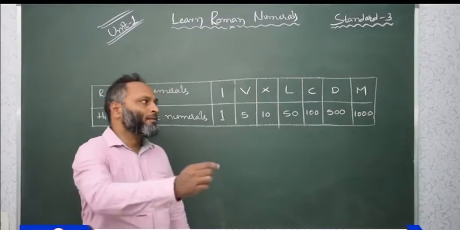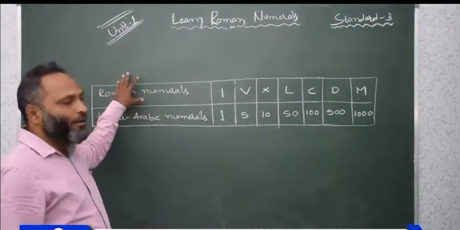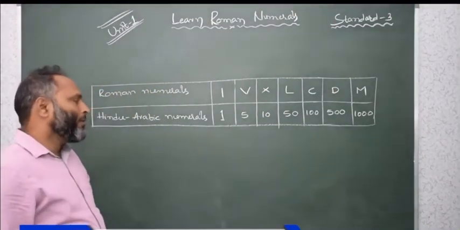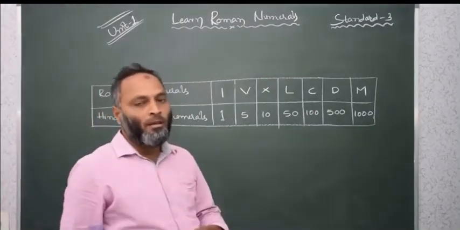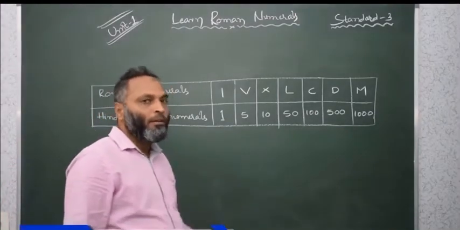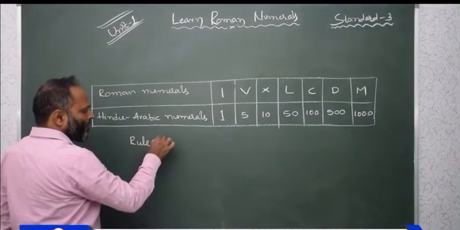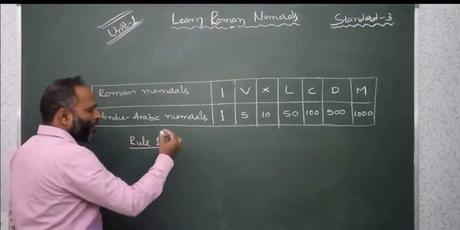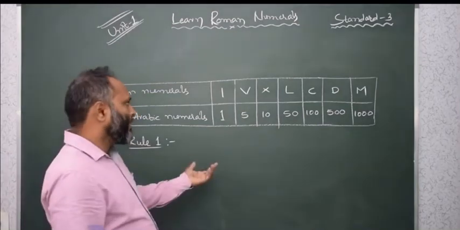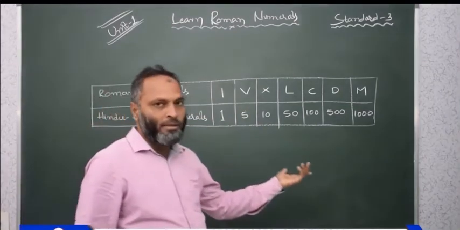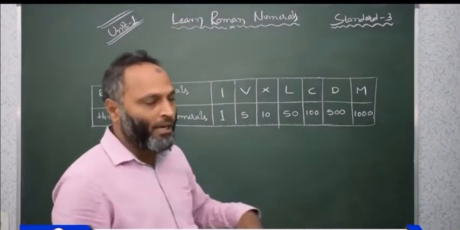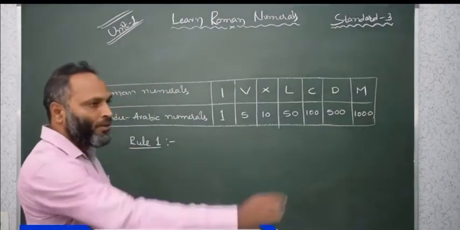Now students, here we are going to discuss the rules of Roman numerals. How to write Roman numerals? Rule 1: whenever a Roman numeral repeats twice or thrice, we have to add. That rule we discussed.